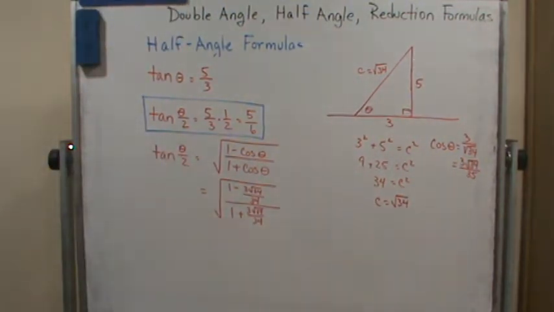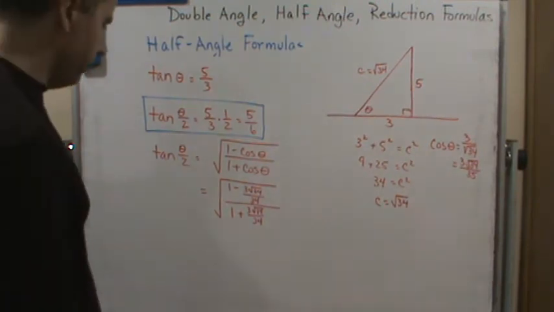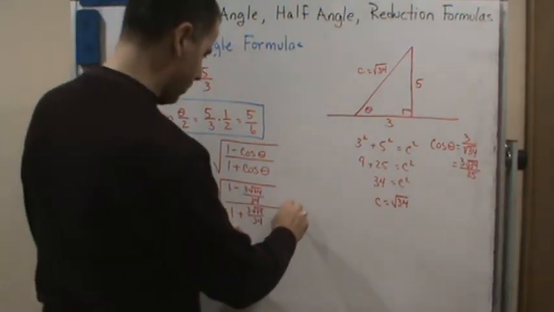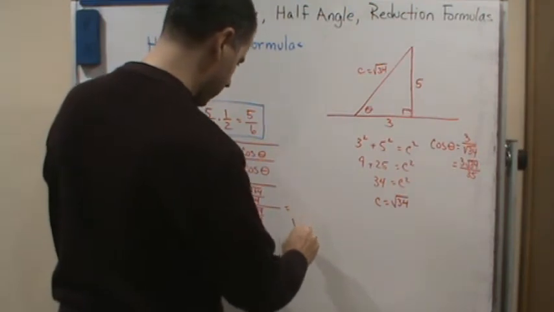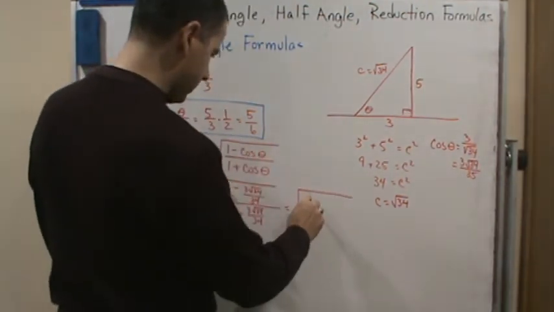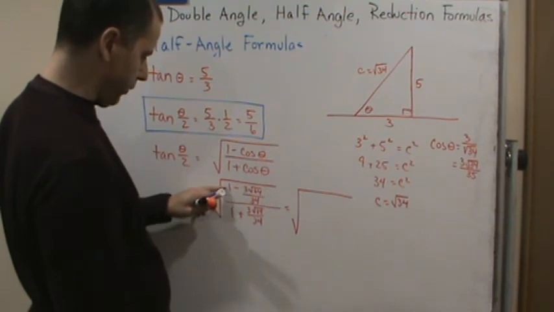Okay. Now, I'm going to make these into simpler fractions. So this is going to be, I'm going to just make this into 34 over 34.